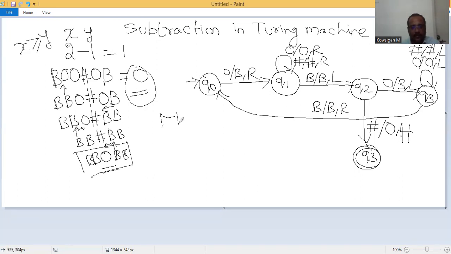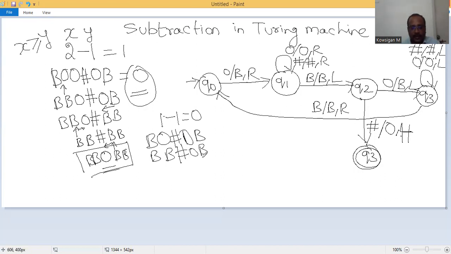So 1 minus 1 equal to 0 means you will be having 1 zero, blank, and hash will be the separator, and this one will be having 1 zero. So here the blank will be there. What we are going to do, this 0 will be replaced as blank and move to right hand side until you are reaching the blank on the right hand side.